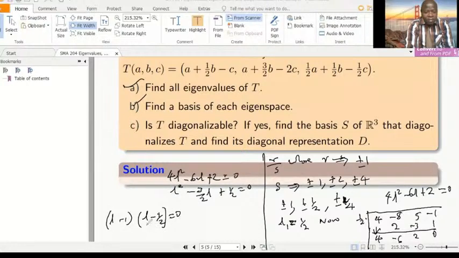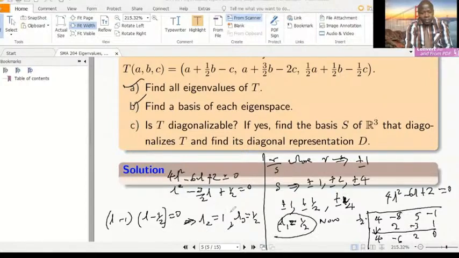What we see here is that lambda 2 is 1, and lambda 3 will be a half. So lambda 1 was a half, and lambda 3 is also a half. So we have repeated eigenvalues, a half, and then the other one, 1.